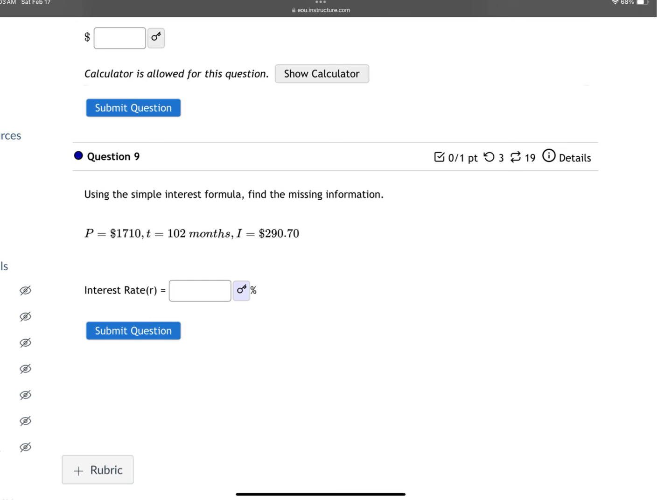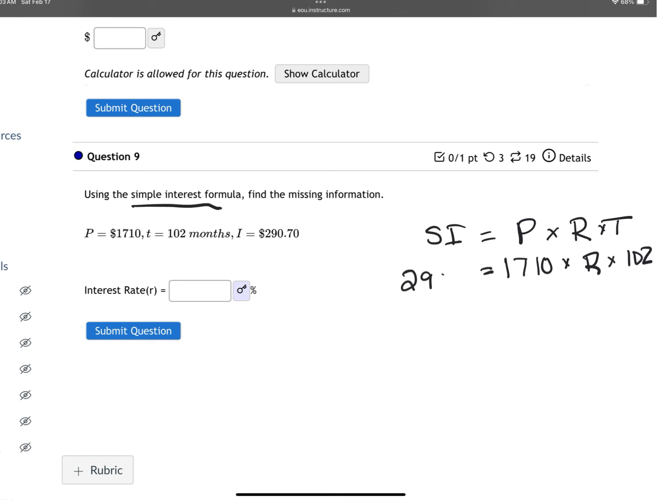So we are just looking at our simple interest is equal to our principal times our rate times the time that we have it. All right. So our principal is 1710. We're looking for R. The time that we had it was 102 months. And our interest was $290.70.